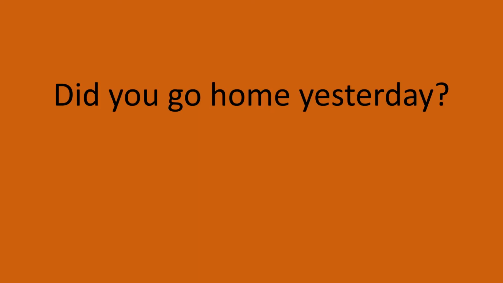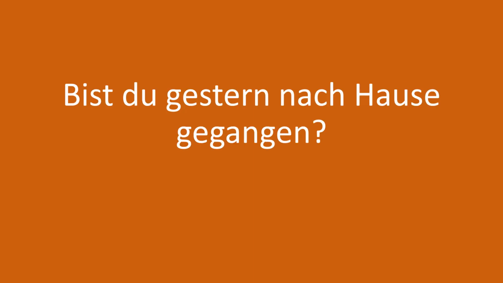And so, for example, I went is ich bin gegangen. So to say, did you go home yesterday? We have to remember that we're not going to say hast du, that would be incorrect. We're going to say bist du. Bist du gestern nach Hause gegangen?